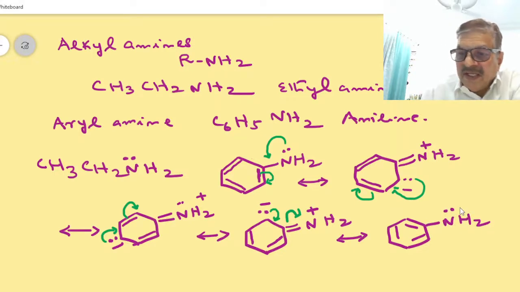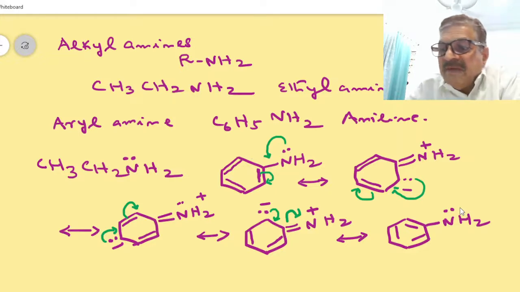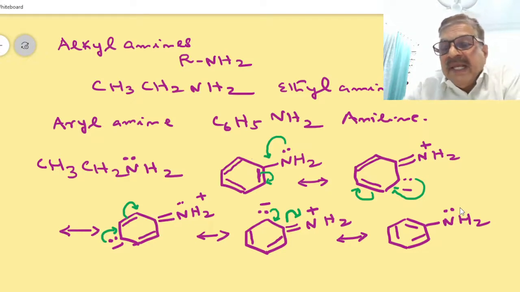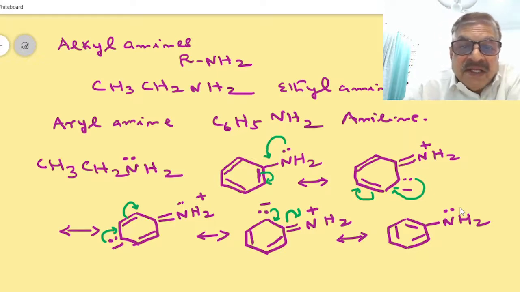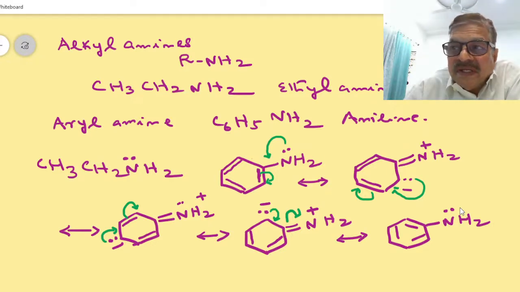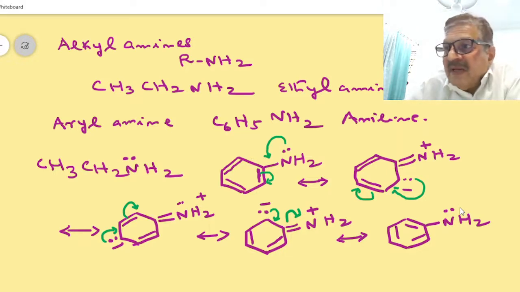aniline here. Correct. Now, this is the way the electron delocalization takes place in the case of an aryl amine, that is aniline here. And this kind of delocalization is not there in the case of ethylamine here. Therefore, because the basicity deciding factor is the availability of the non-bonded electron pair on the nitrogen atom, in the case of ethylamine, the electron pair is localized.